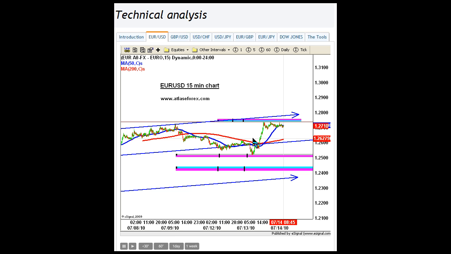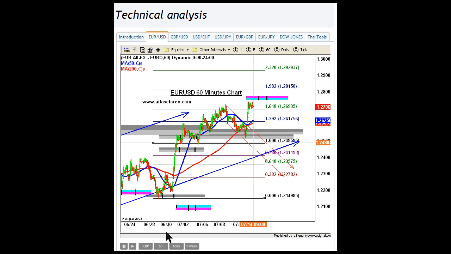We're going to make the forecast. 60-minute chart. 1618 of the Fibonacci. We remember a third wave, maybe a third of a third.